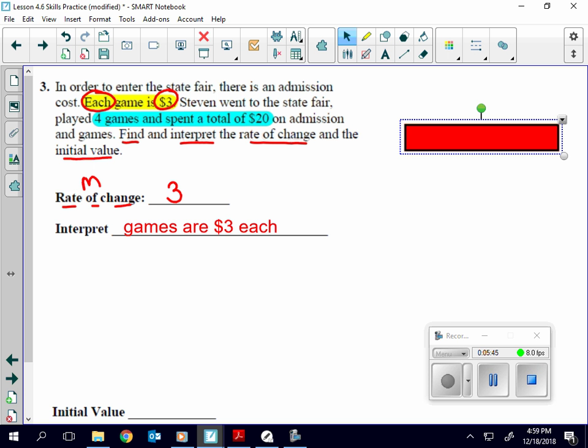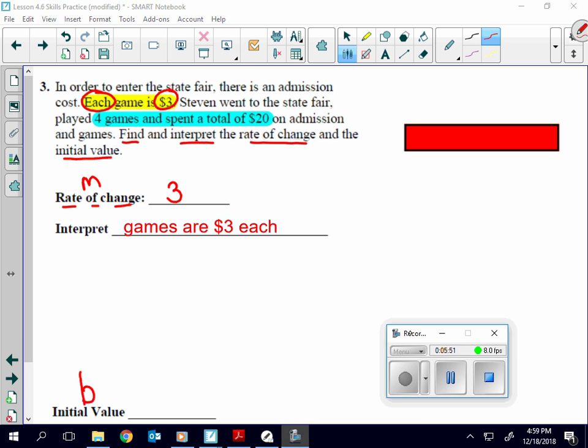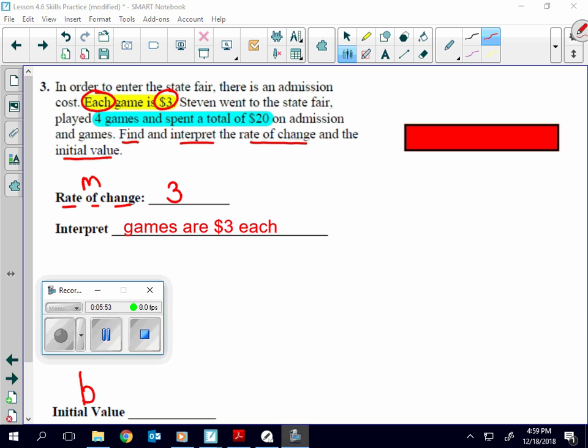Okay, now we're going to find the initial value. We want b here. I'm going to write it on the side so we don't run out of room like number 1. Okay, so if we know the slope is 3, we know m equals 3. We also know here 4 and 20 is a point. 4, comma, 20.